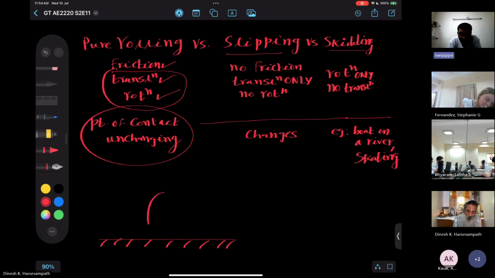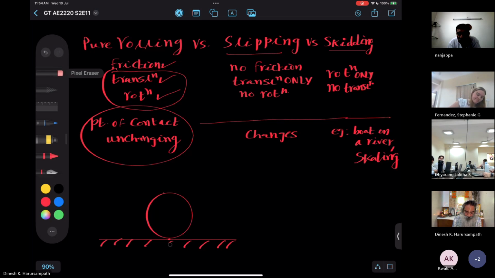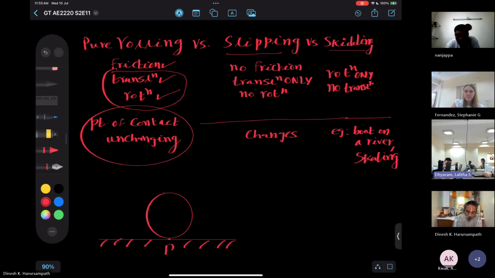That is rigid, that's a fixed point. That point is fixed and the body will roll over. The translation of that point cannot happen in pure rolling.